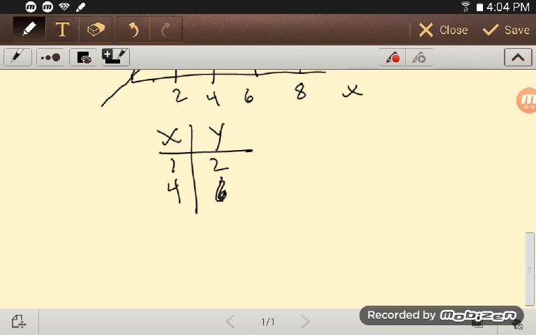And every time x increases by 3, make that a 7, y increases by 4, that's a 10, 10, 14, and I could go on and on. I could go backwards with it.